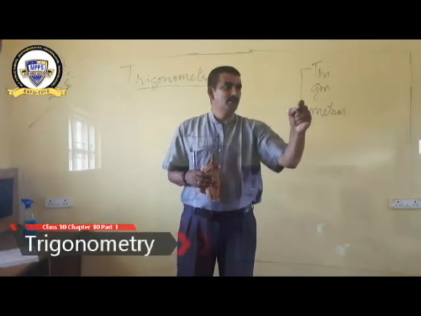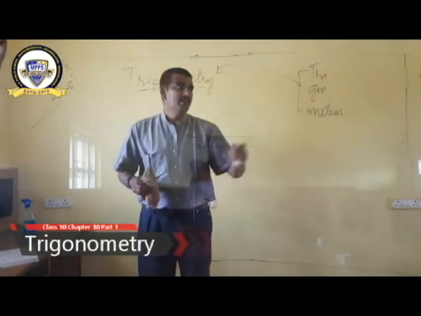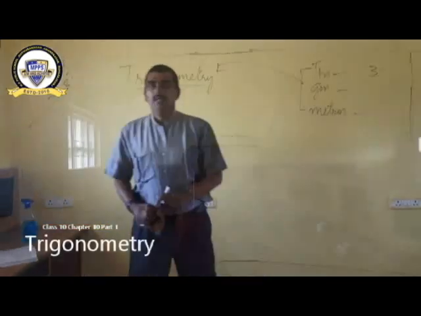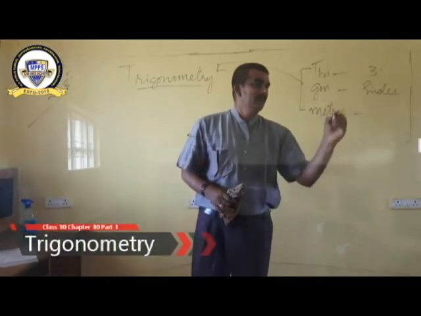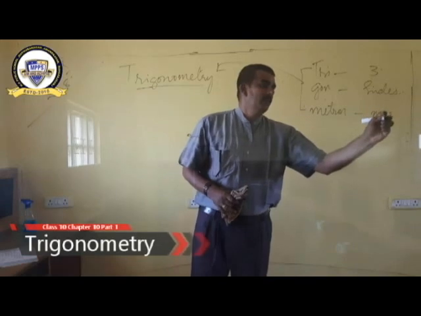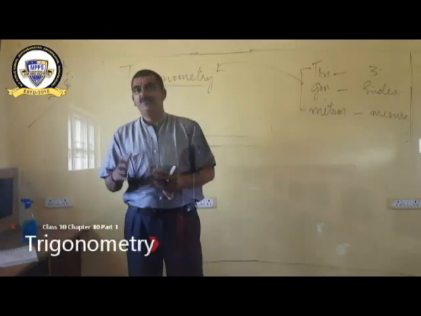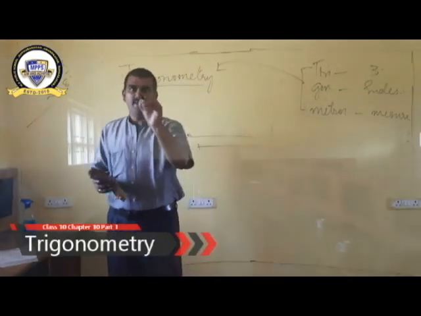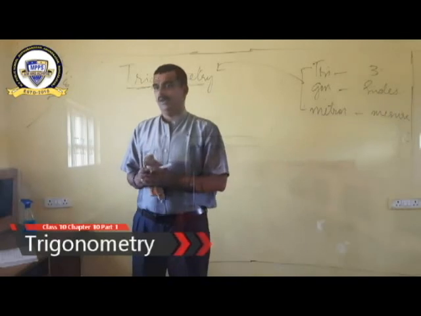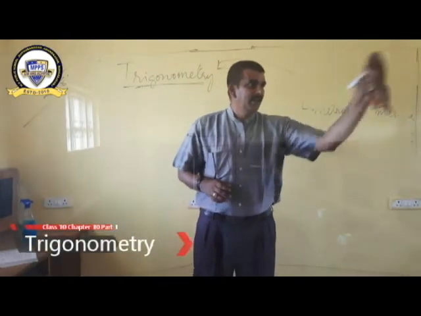These 3 terms group together to form trigonometry. This is a Greek word. Tri means 3, gon means side, and metron means measure. So, the measurements and relations of 3-sided figures, that is what we are studying by the use of trigonometry. Nothing else is there in trigonometry.